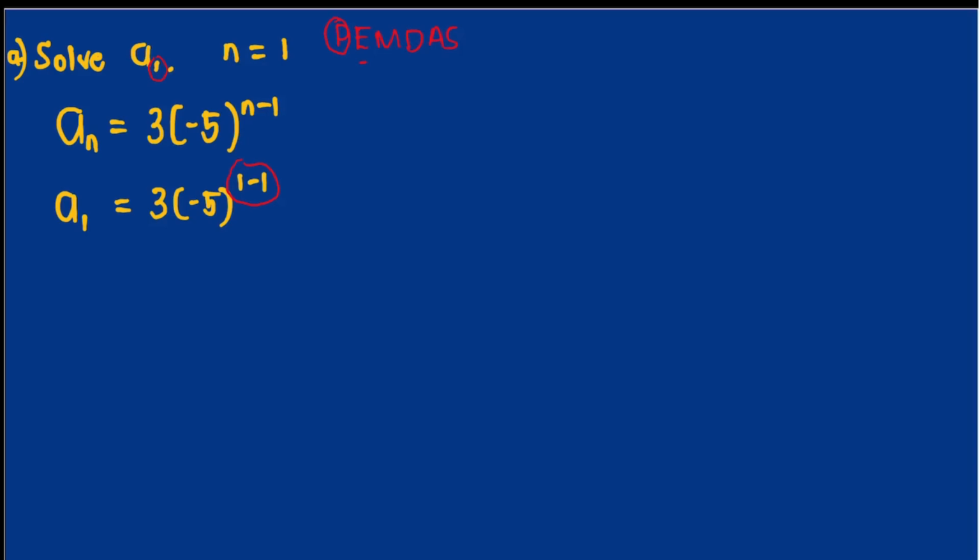Okay? So, start muna tayo. Simplify natin yon. So, we have a sub 1 is equal to 3 times negative 5 raised to 1 minus 1, so 1 minus 1 is 0. Okay? Next, work pa rin natin yung exponent natin, bago tayo mag-multiply sa 3. So, ngayon, we have here negative 5 raised to 0.